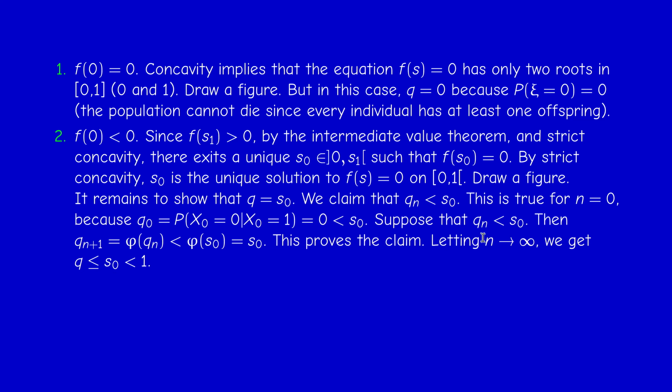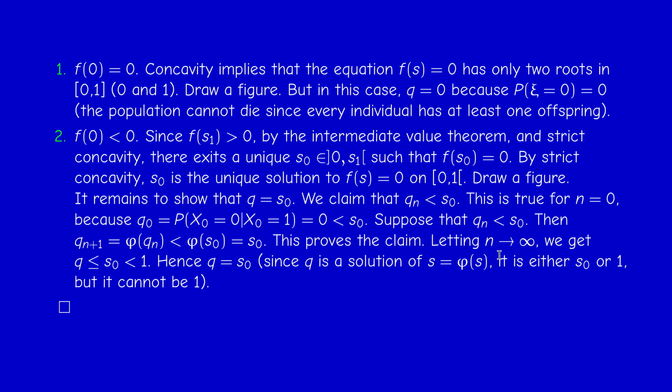And when I let n tend to infinity, I get Q is less or equal than S0. And this is less than 1. So I must conclude that Q equals S0. Because we know that Q is a solution of the equation Q equal phi of Q, so it satisfies the equation.